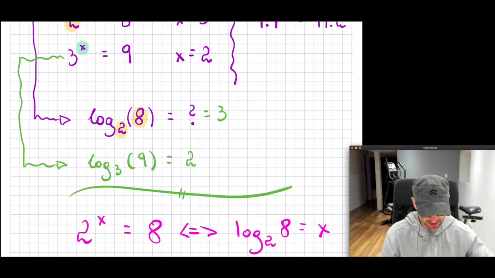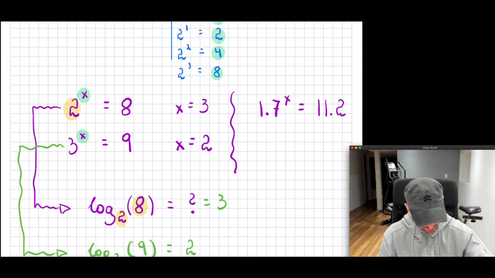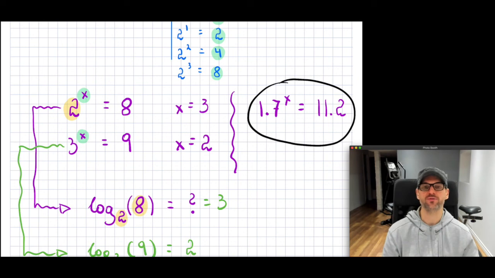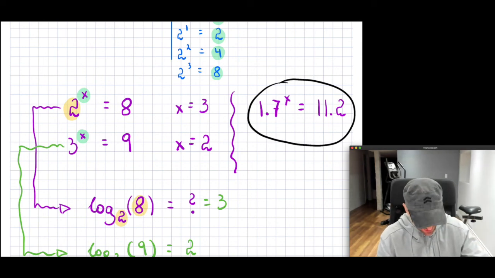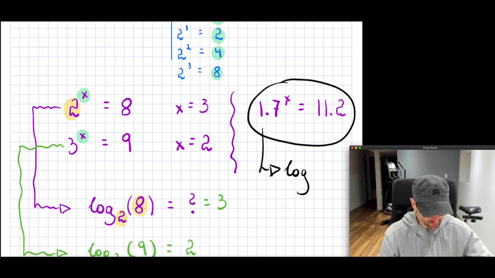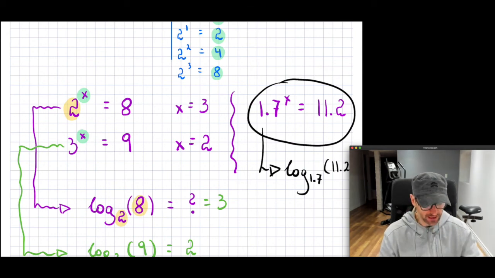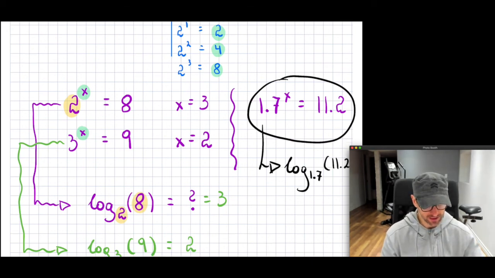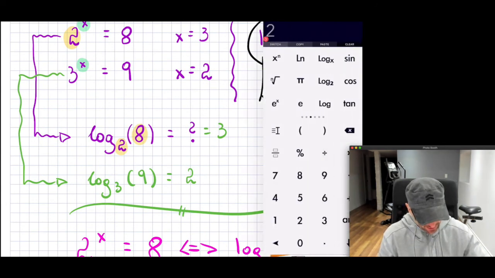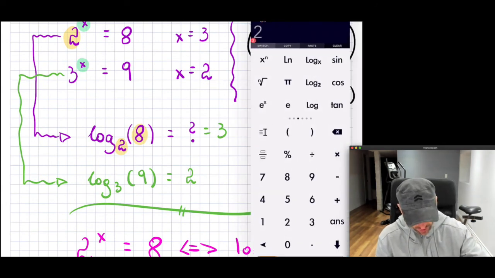So for instance, in this example that I wrote here, if I wanted to find out what my x is, notice this would have been log, whatever your base is, which is 1.7, of your answer, 11.2, and that will give you your exponent. So if you do that, I can bring the calculator over on the other side.